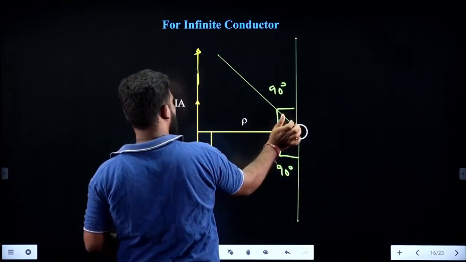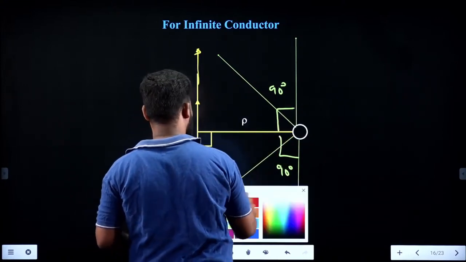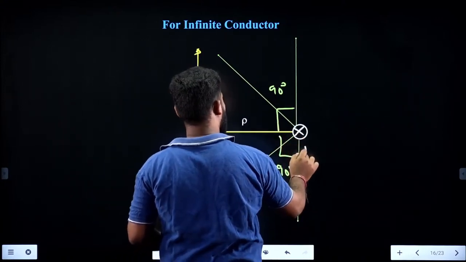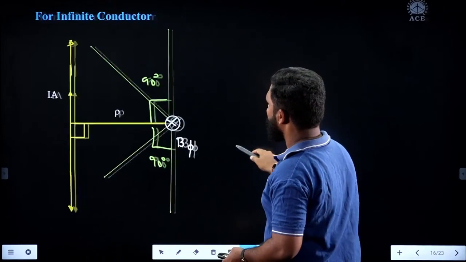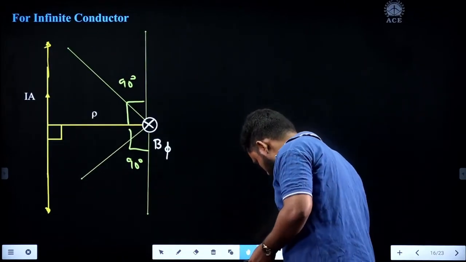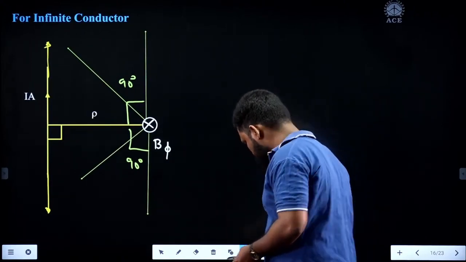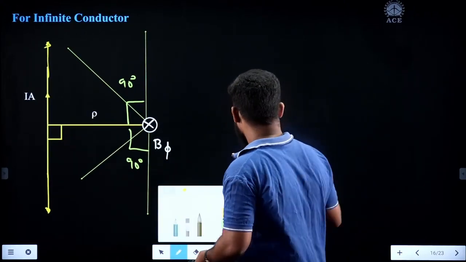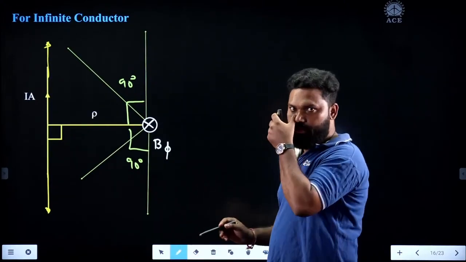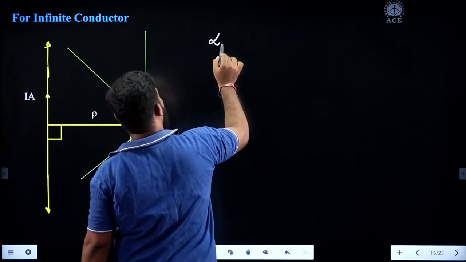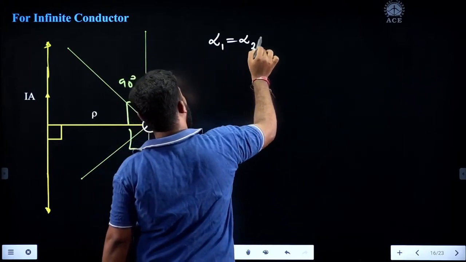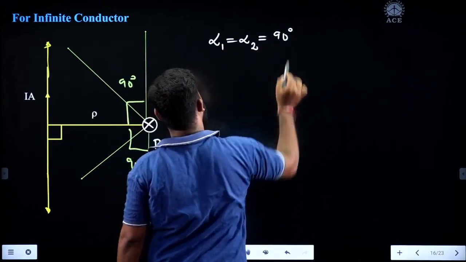Current is flowing like this, and the magnetic field here is inside. Magnitude is enough for our exam. Okay, fine. So alpha 1 is equal to alpha 2 is equal to 90 degrees.